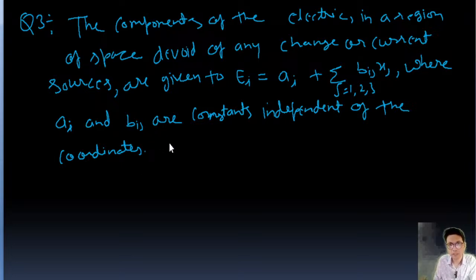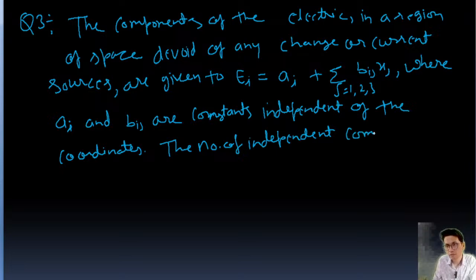The number of independent components of the matrix Bij is, okay.